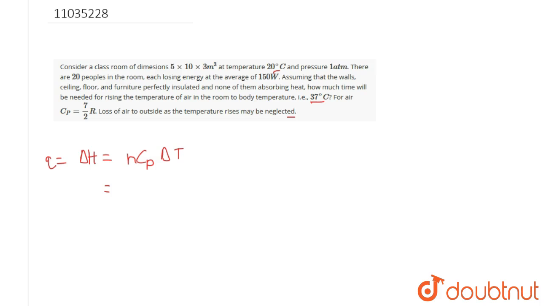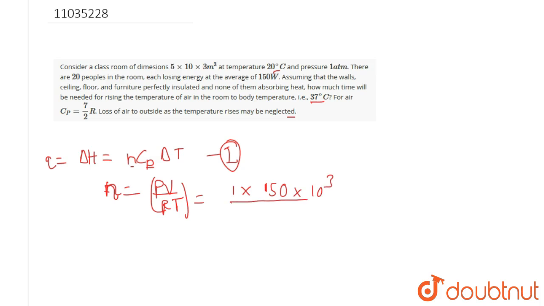So first we need to calculate the number of moles, that is unknown to us. Cp is given and the change in temperature we know. So for moles, n is equal to PV by RT in the initial condition. So the pressure is 1 atm. Volume is 5 × 10 × 3, that is 150 meter cube, and if we represent that in liters we need to multiply it by 10⁻³.